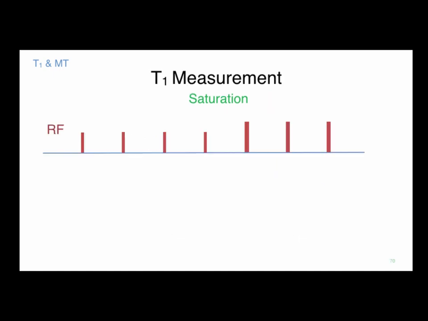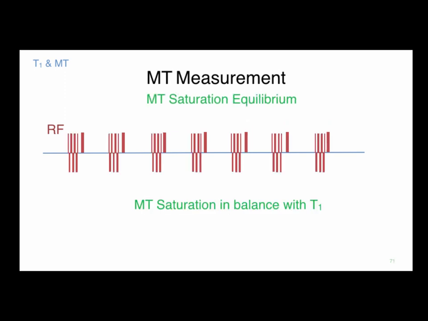Now, similar to T1 measurements, the magnetization transfer effect also has two different approaches of measuring, which are quite parallel to T1 measurements. One is again looking at the saturation level for two different conditions.